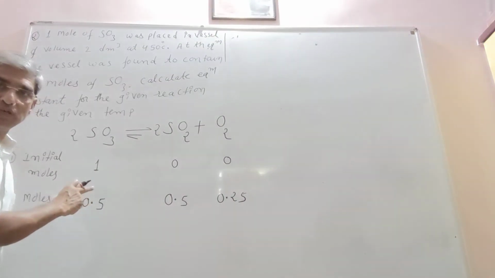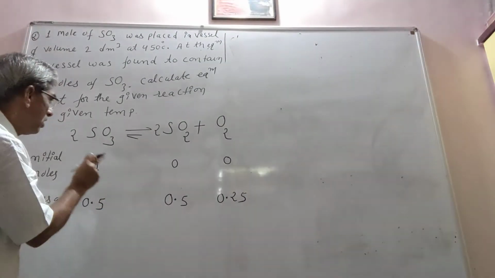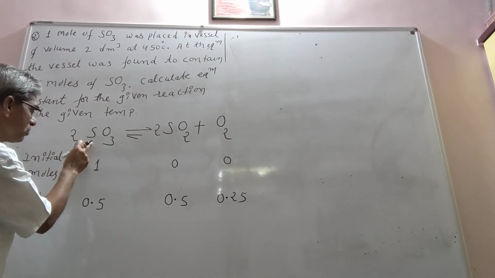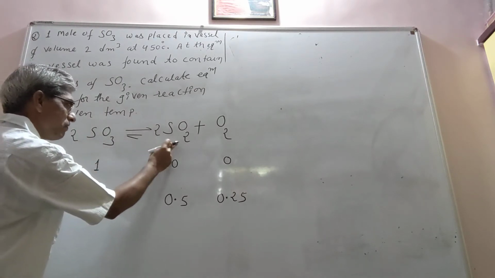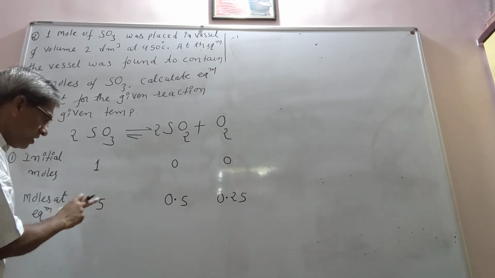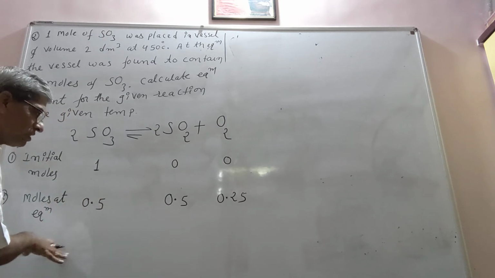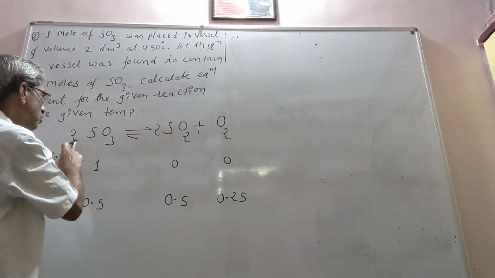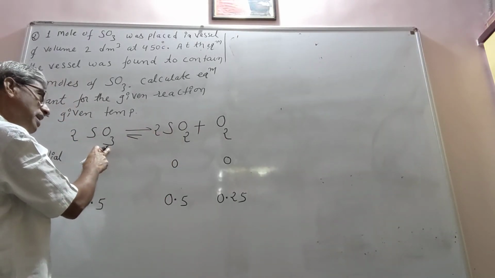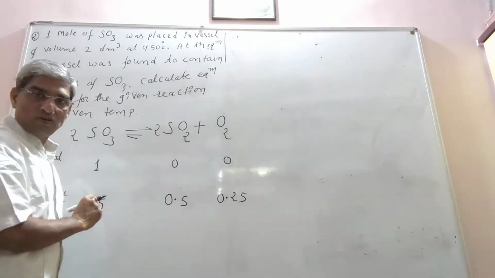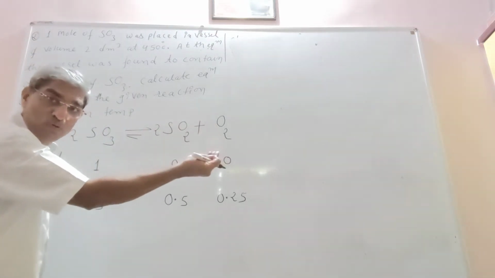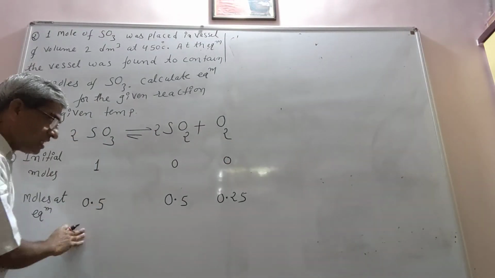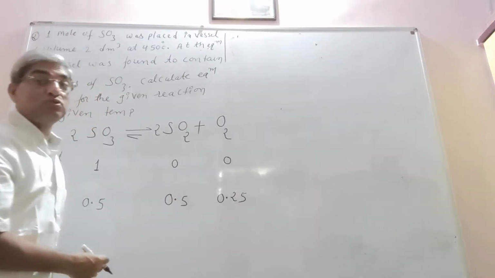Any doubt about this point? I'll repeat: whenever 2 moles of SO3 react, 2 moles of SO2 form, the same. Therefore 0.5 moles left, 0.5 moles formed. But when 2 moles of SO3 react, 1 mole of O2 is formed, exactly half. Therefore 0.5 left, exactly half of that, 0.25.